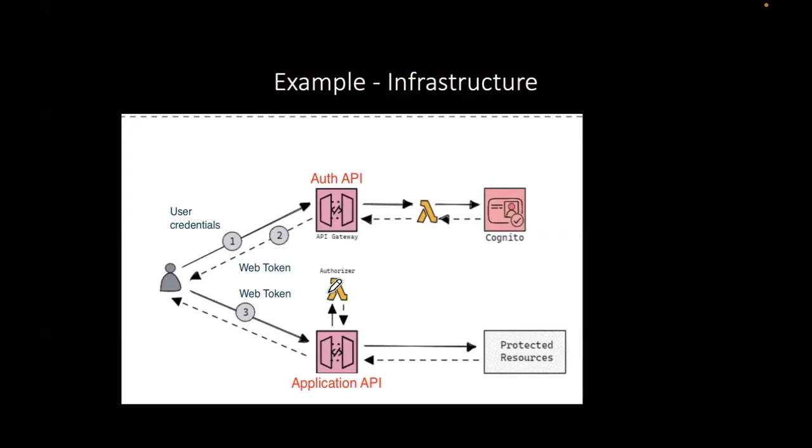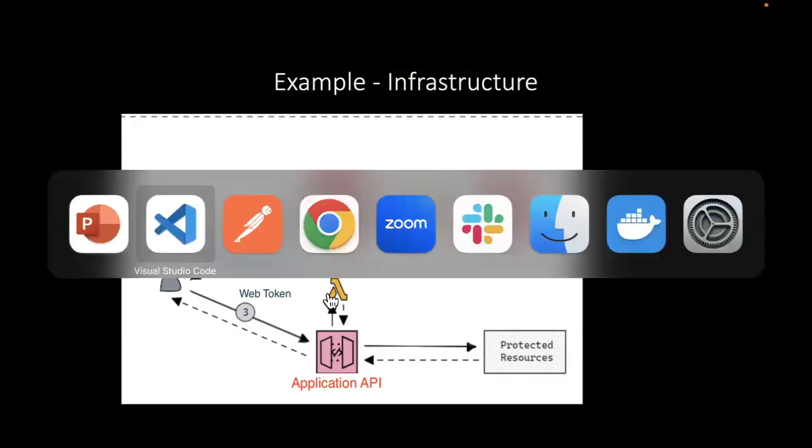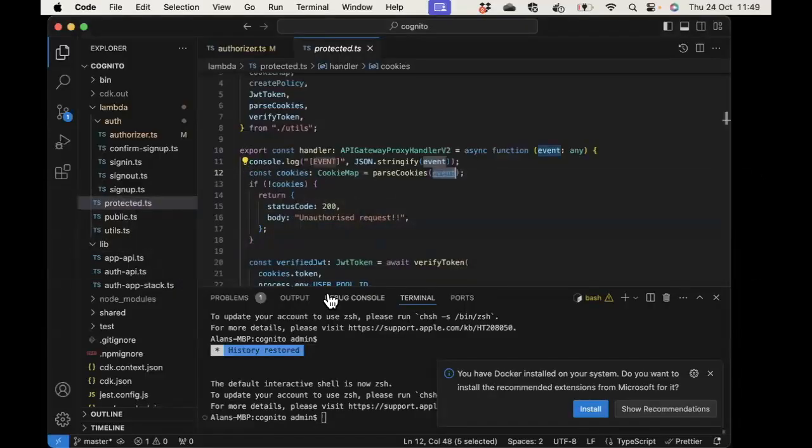So it's that event object that I'm passing down to my parse cookies method, and then parse cookies does what it does. We now have our cookie map.